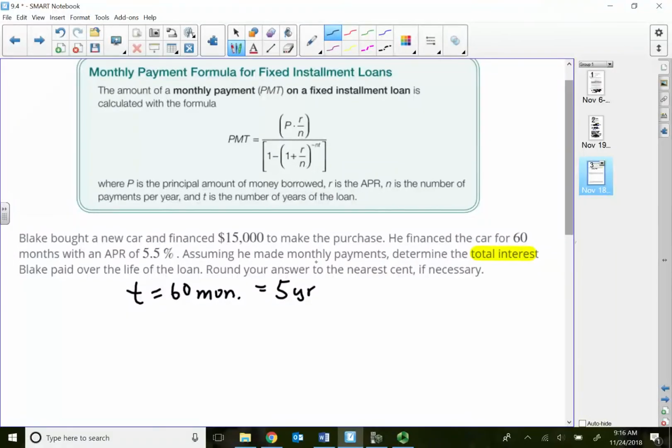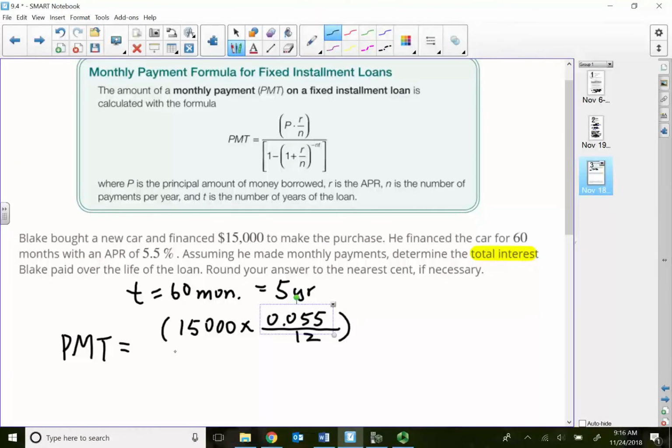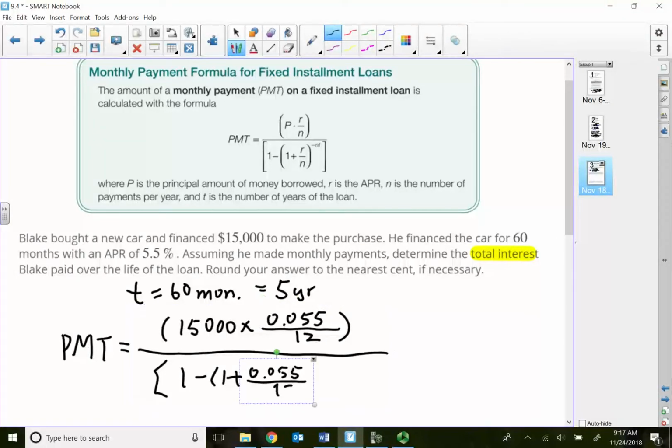He is making the monthly payment, so Blake's monthly payment is going to be financed $15,000 times the r, which is 0.055 divided by 12, whole thing over brackets 1 minus parenthesis 1 plus 0.055 divided by 12, whole thing raised to the negative 12 times the t, which is 5 years.